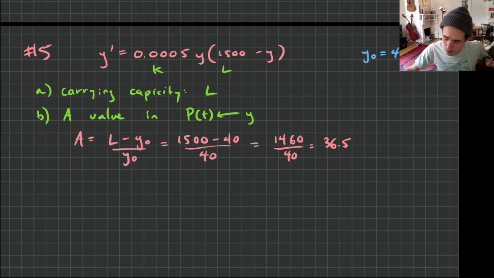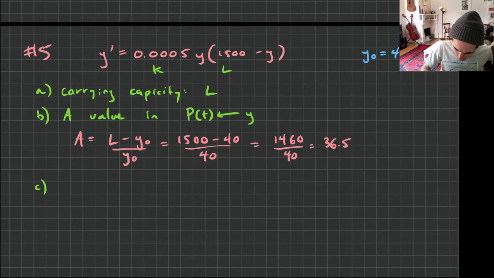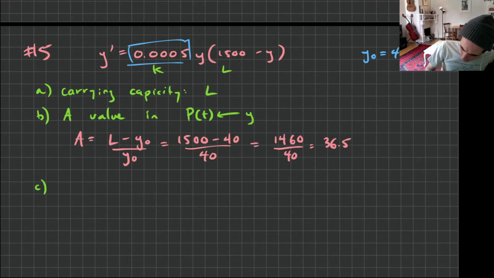So now we can punch this into the actual solved equation. Remember, when we have this form of the equation, with this smaller version of k, our solved solution is going to be a little bit different. I'll write out what it is in terms of the variables.